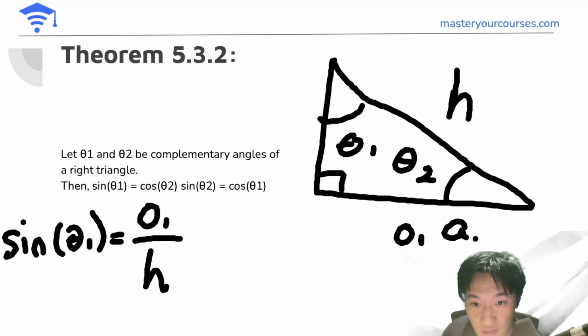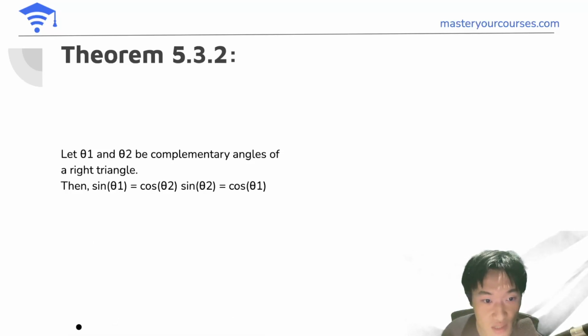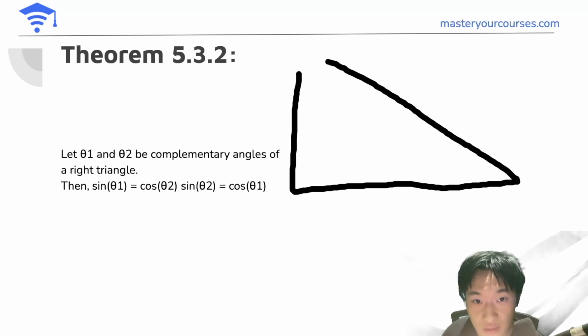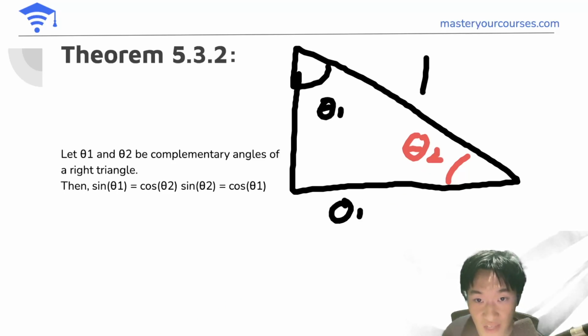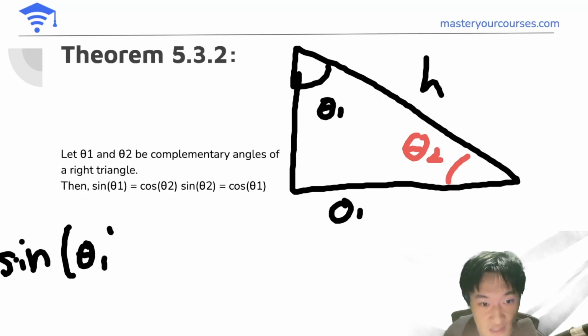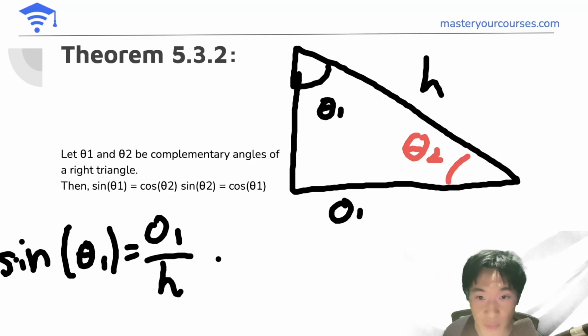So let me color this differently. I think it's the best way to approach this. Let me color theta 1, and I'm going to color theta 2 with the red. So we have this is opposite 1 and H. We agreed that sine of theta 1 is equal to this opposite side over the hypotenuse.